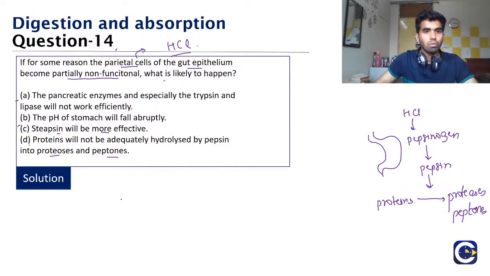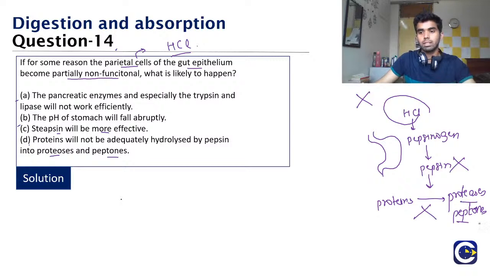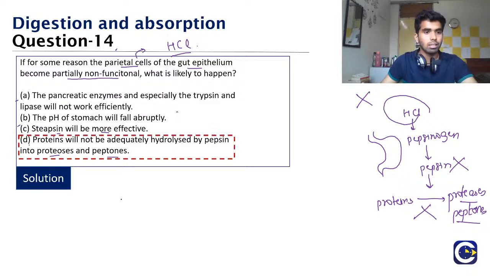So if parietal cells are not working, then hydrochloric acid is not secreted, and the pepsin will not be formed, isn't it? If pepsin is not formed, then the proteins will not be converted into proteoses and peptones. That is why the correct answer here would be option D.